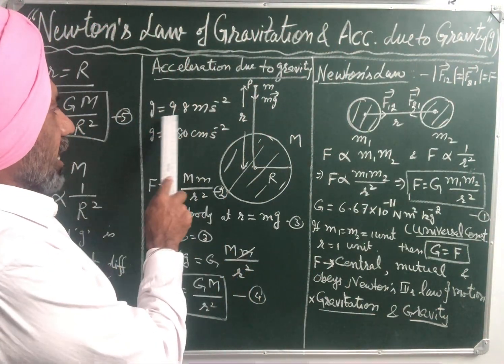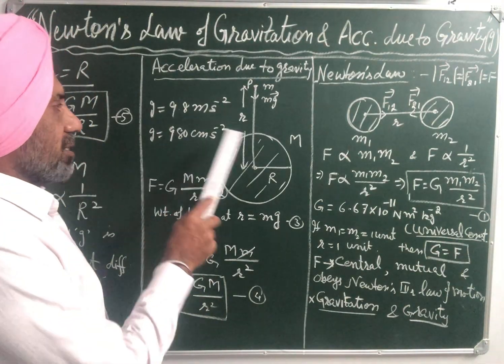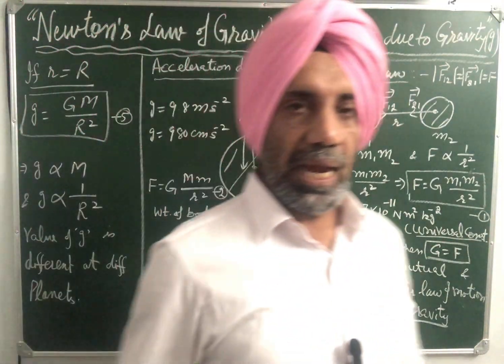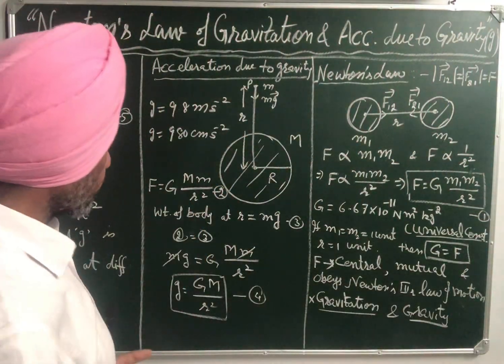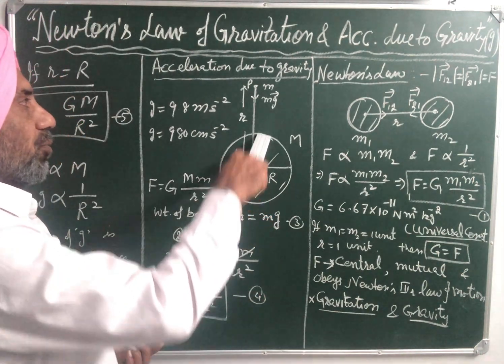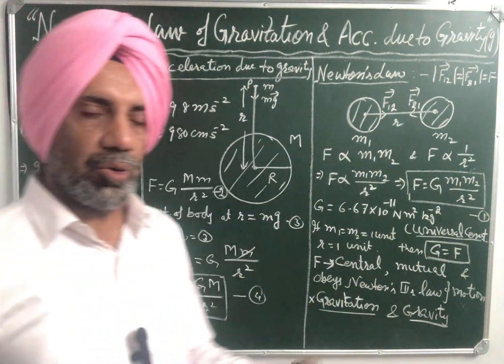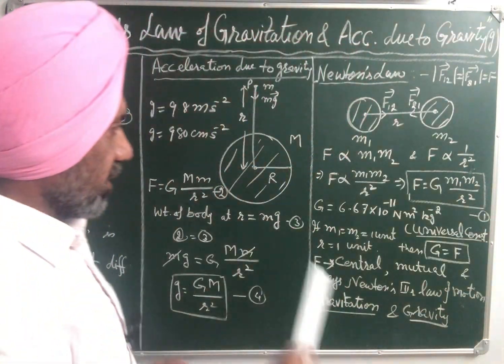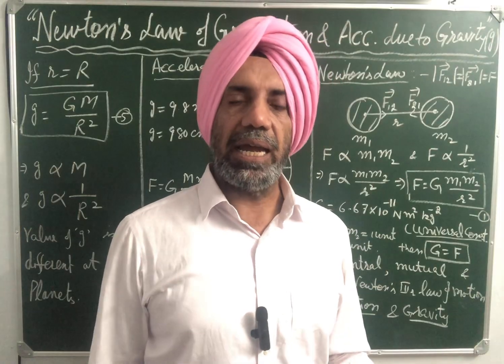Its value is 9.8 meter per second square in the SI system and 980 centimeter per second square in the CGS system at the surface of Earth. This is the average value at the surface of Earth. It will vary as we go away from Earth, and it will also vary as we go into the Earth. That we'll discuss in the next video: variation of g with height and depth.